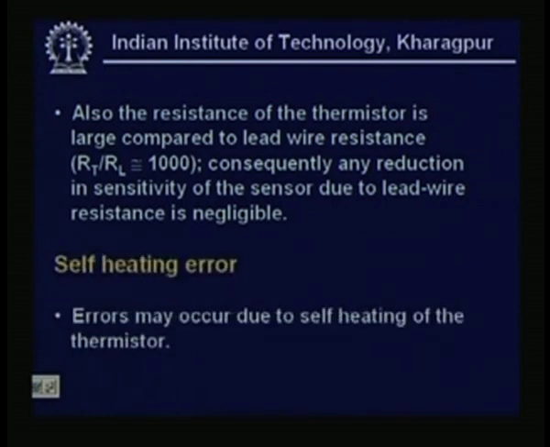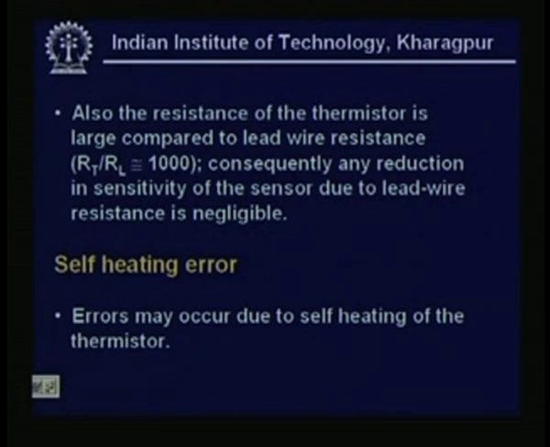Now, there is another problem with the thermistor, it is called self-heating error. It is common to both the thermistor as well as RTD, right. This cannot be avoided. This is a physical phenomenon. You can avoid the lead wire problem, okay, but you cannot avoid the self-heating error. Errors may occur due to the self-heating of the thermistor.